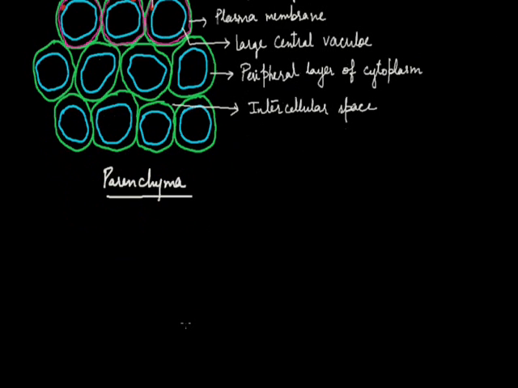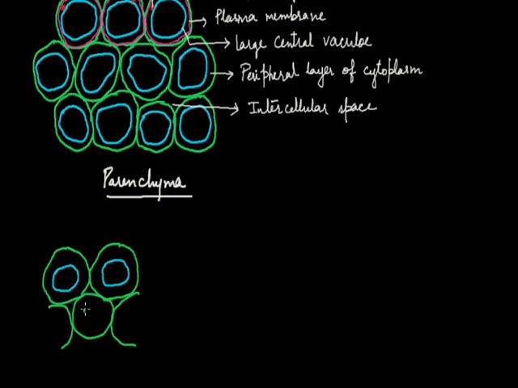Now, if we talk about the chlorenchyma, it can be represented as follows. They can be rounded or elongated cells containing a large central vacuole, plasma membrane, and a peripheral layer of cytoplasm containing the nucleus.